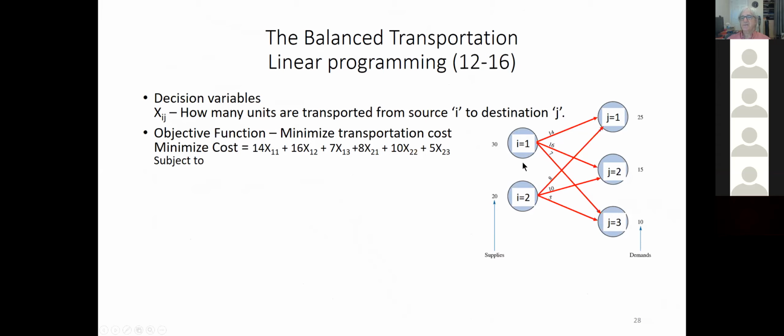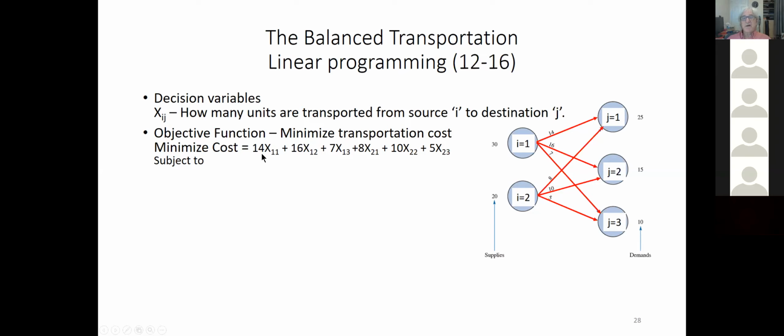I stands for the supply, J stands for the demand. So X sub ij will be how many units are shipped from source I to destination J. This is a very common notation used in networking because it's very convenient to do.